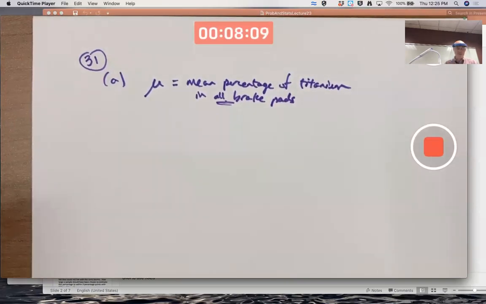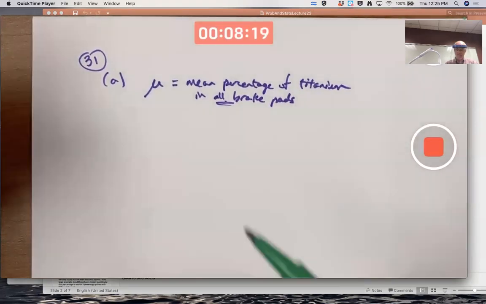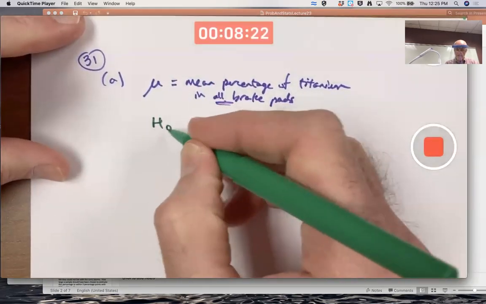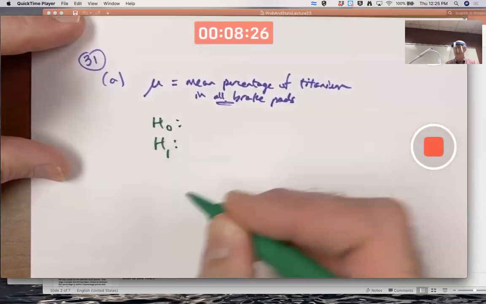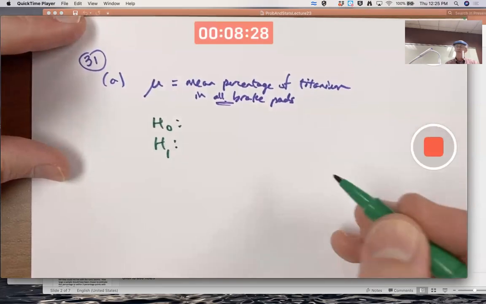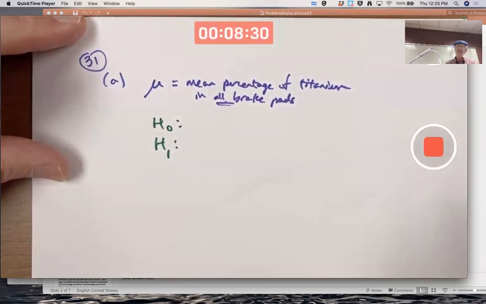We're doing inference. We're trying to say something about a population parameter in this case, based on information from a sample, from a random sample. The null hypothesis and the alternative hypothesis can be written down. And again, start with the alternative. We don't want it to exceed 5%, but maybe we think it does exceed 5%.